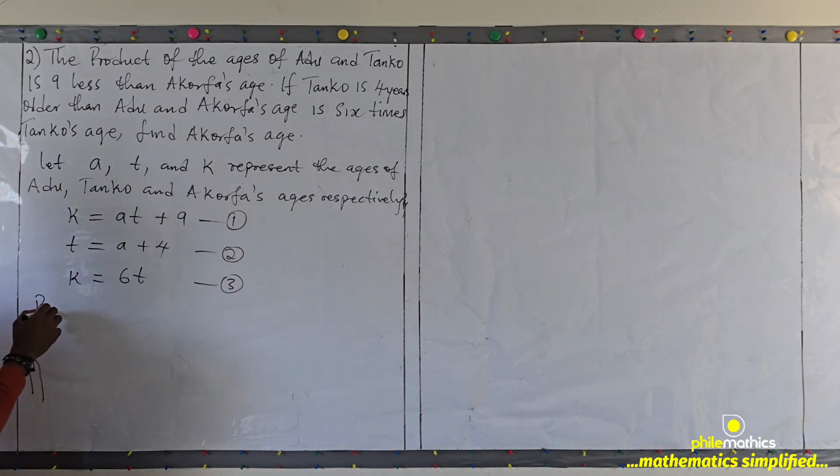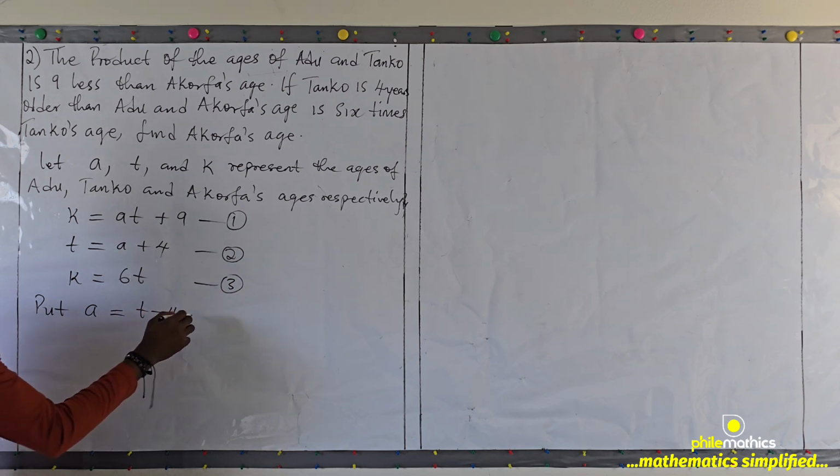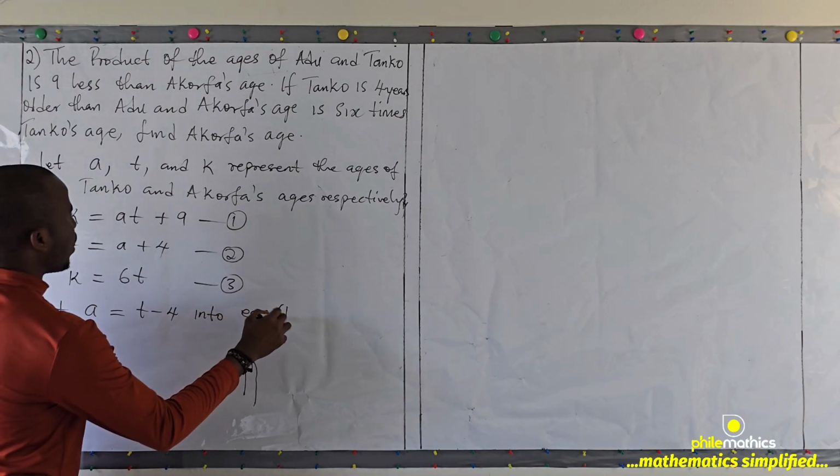So let's put A equals T minus 4 into equation 1.